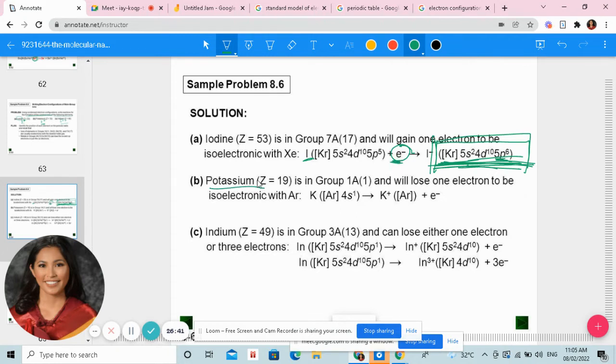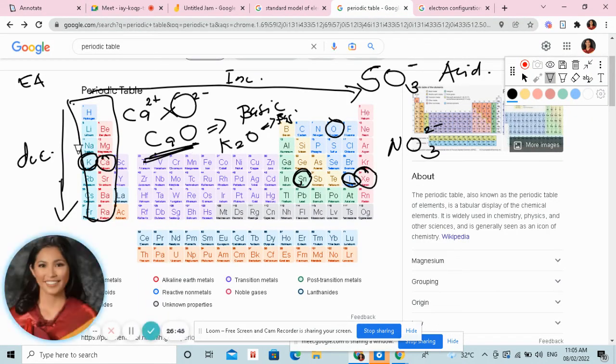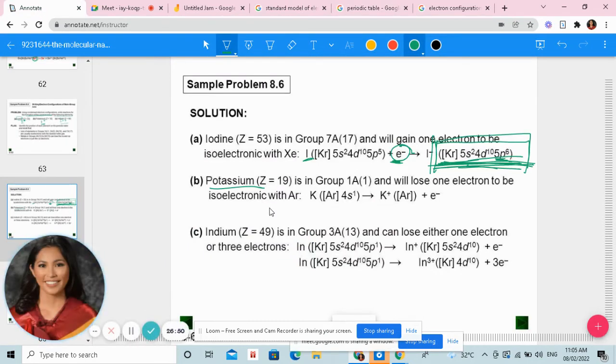Whereas for potassium, potassium is a metal, so potassium will lose electrons. When it loses electrons, the electron goes on the product side. How many? One electron. So this is argon.